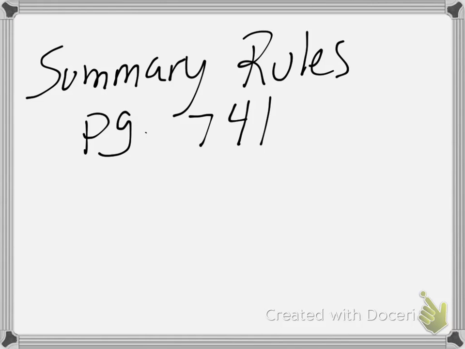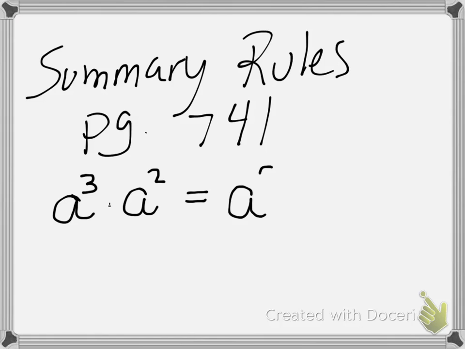The biggest difference in this whole section, the big aha, is for you to understand the difference between saying A cubed times A squared, and the shortcut being adding those, so A to the 5th. And remember, the reason why is because you have 3 A's times 2 more A's.